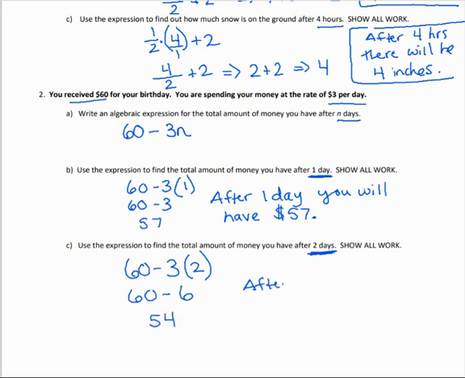So after 2 days, you will have $54. Okay, and we could go on and on, right? I could say how much after 15 days, and I would plug 15 in for that.